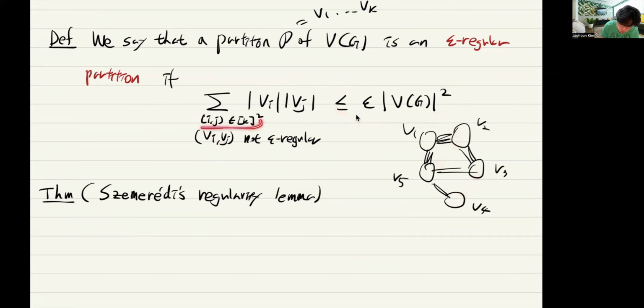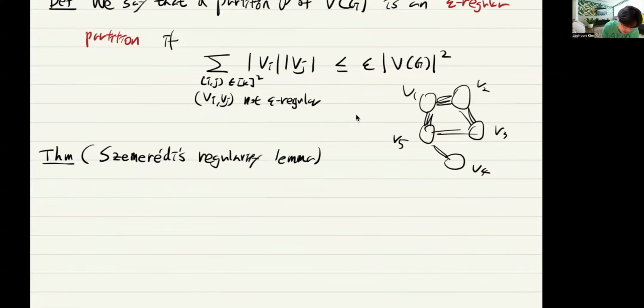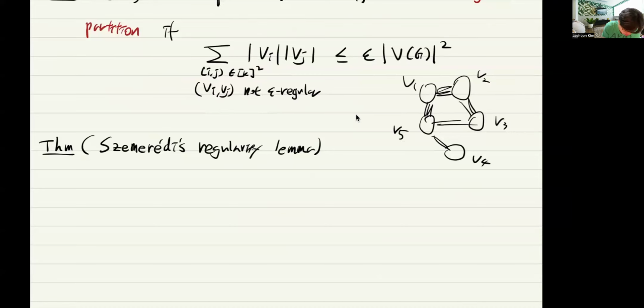So if we take all i, j here, then without this epsilon, this is the number of vertices squared. But it's saying that roughly only an epsilon fraction of them are not epsilon regular. And for the rest of them, it is epsilon regular.